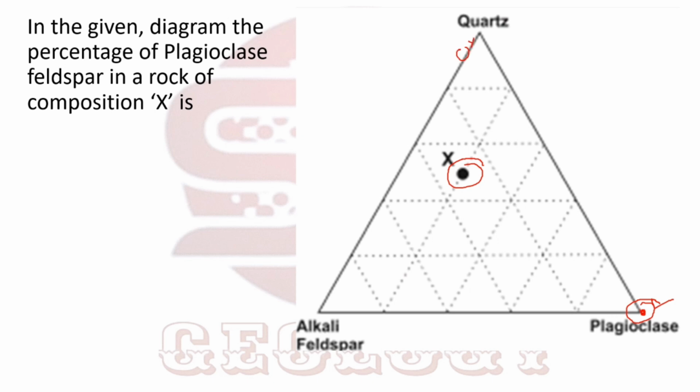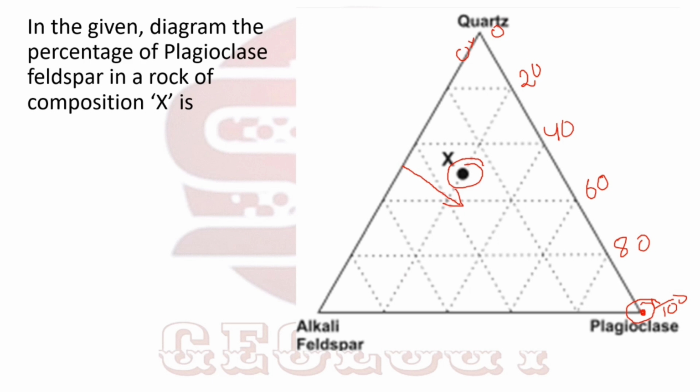So as we move away from the alkali feldspar quartz line towards plagioclase, the percentage will increase. Then depending upon how many divisions we have taken, we can represent the percentage on each line. So it will be 20% per division: 0, 20, 40, 60, 80 and 100.